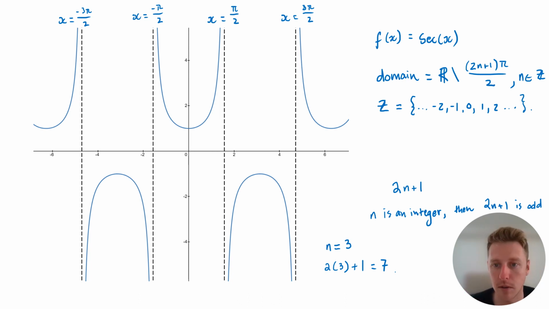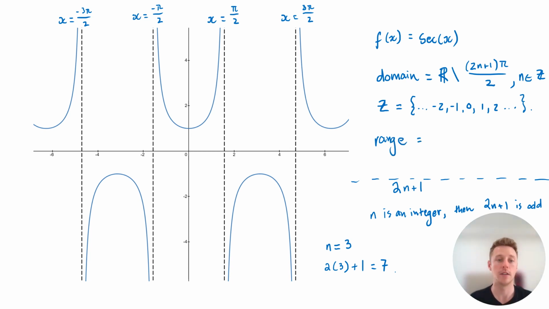Okay, the next thing we might want to think about is the range. So let me just separate this. The range, maybe you can see from the graph, goes down to negative infinity and goes up to positive infinity, but there's certain values of the range that we can't have. And we said before that this point here is at 0, 1.